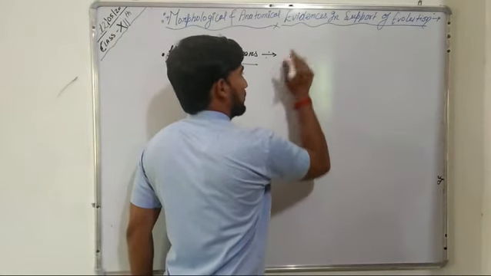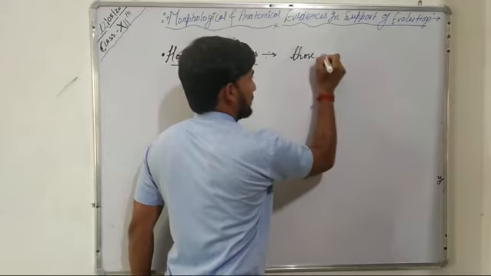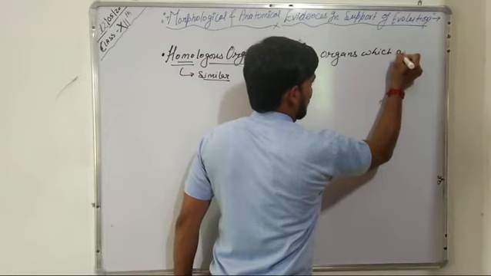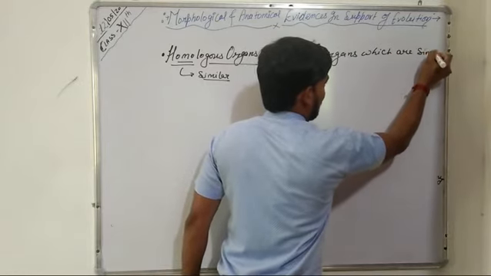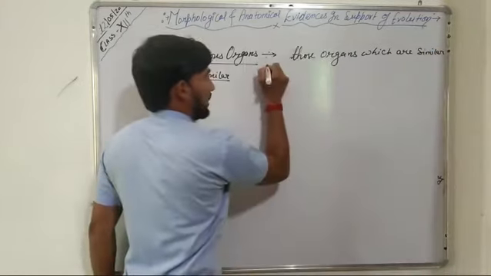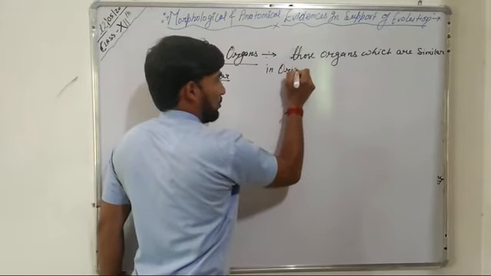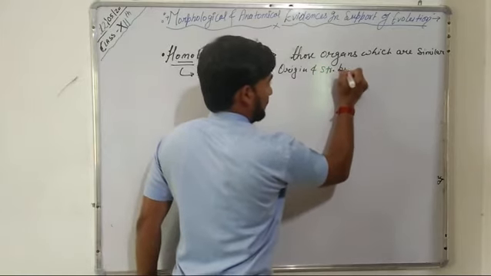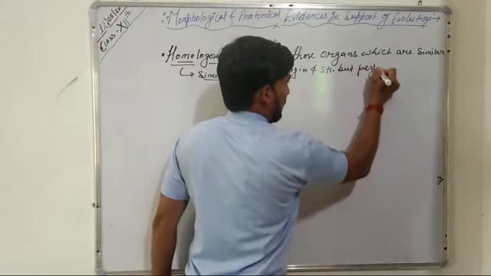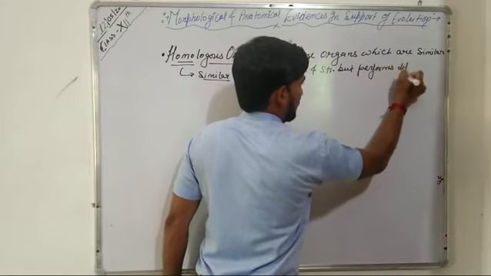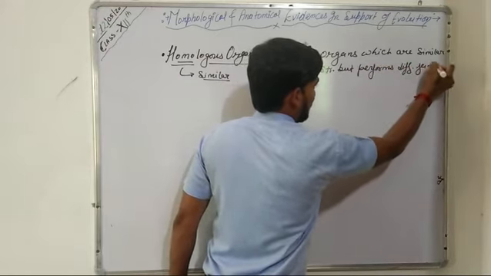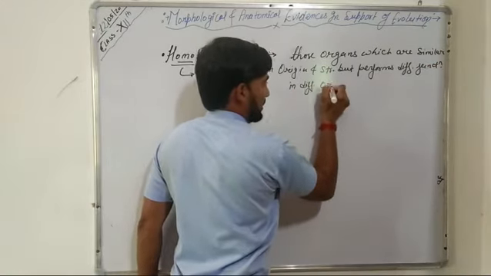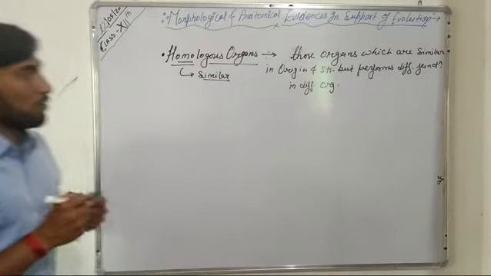So those organs which are similar in origin and structure but perform different functions in different organisms are known as homologous organs.